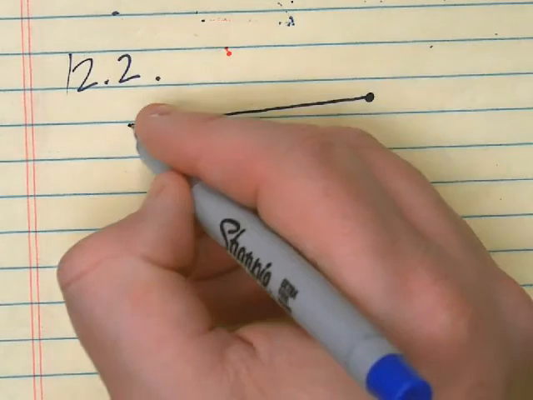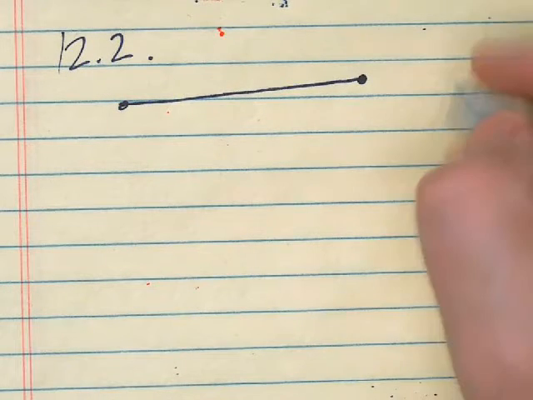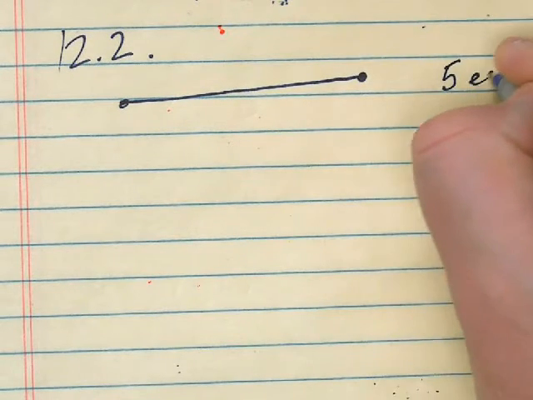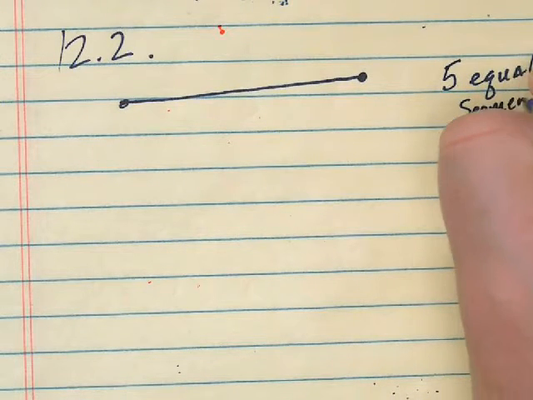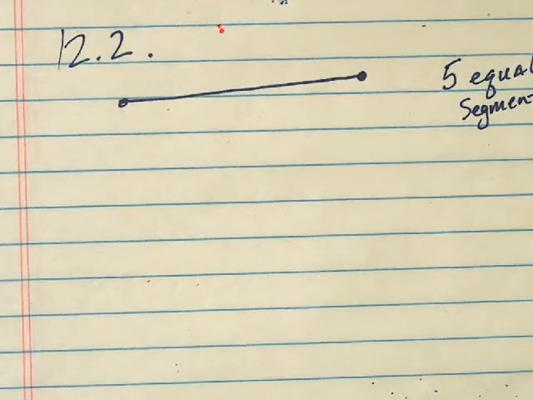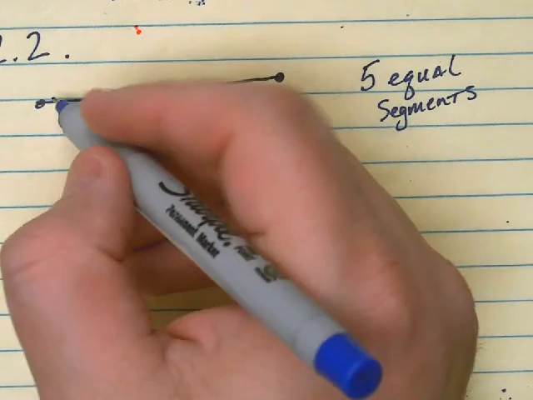Let's say that we have a segment right there, and we want to divide that into 5 equal segments without using a ruler, without measuring and then dividing by 5. How in the world can we do that? Well, it's actually not very difficult. Watch. You don't have to write this down, just watch.